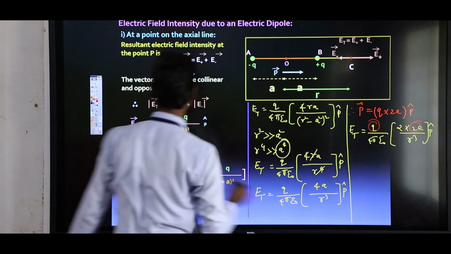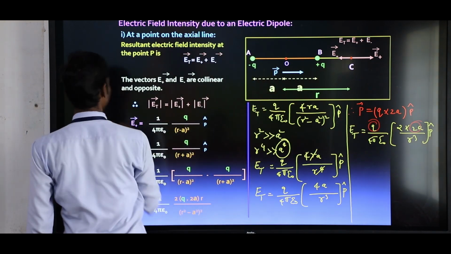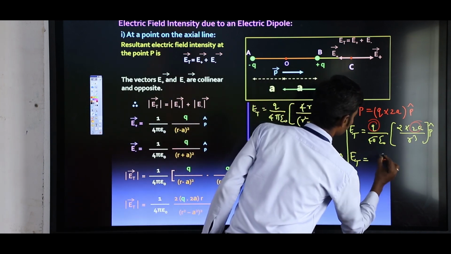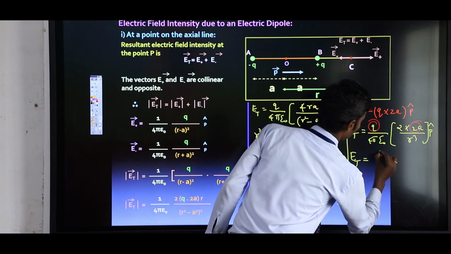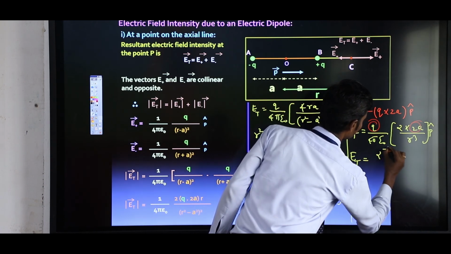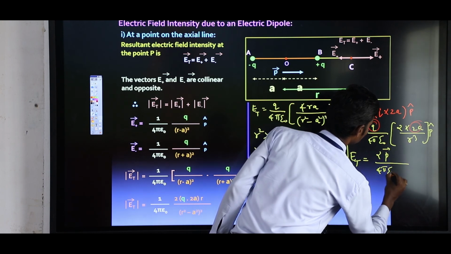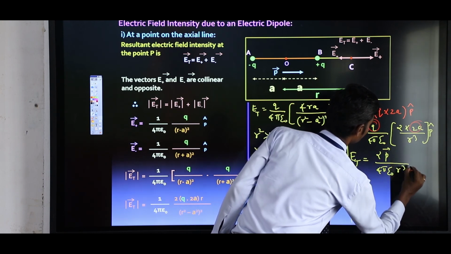So substituting this value in this equation, we will get the answer. Total electric field Et equal to, what is the value? 2P vector divided by 4 pi epsilon 0 into r cube.